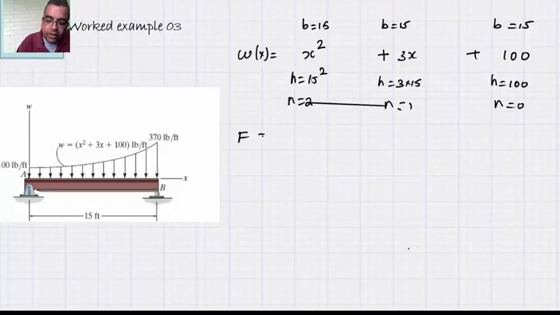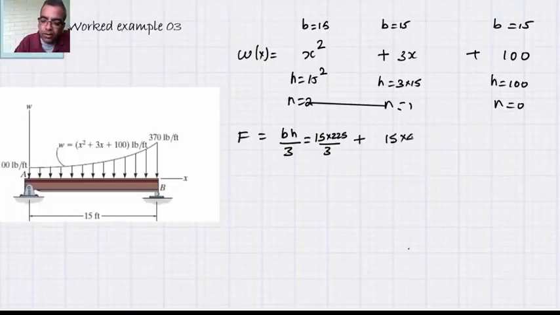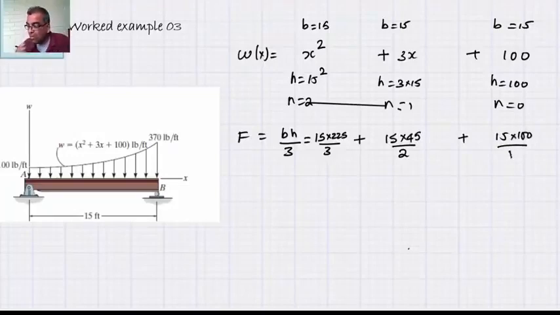F equals BH over n plus 1, which turns out to be 15 times 225 divided by 3, and then plus 15 times 45 divided by 2, plus 15 times 100 divided by 1. So the total turns out to be 5925 pounds.